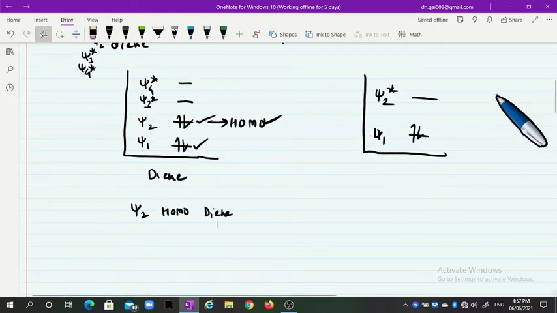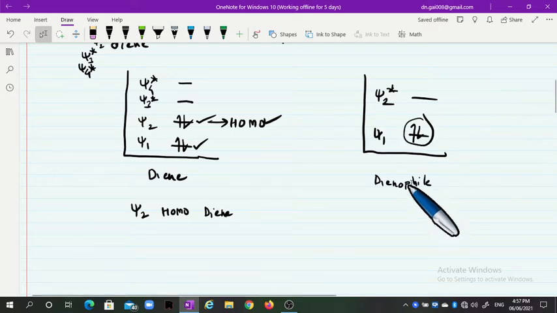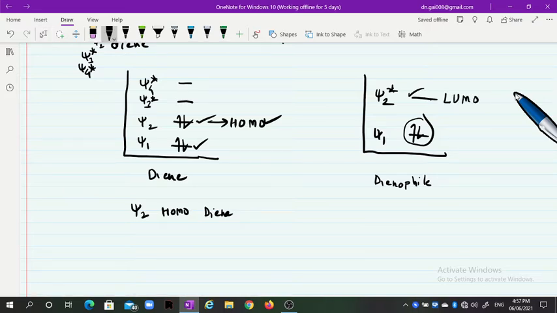Next, for this ethylene or dienophile molecule, we have considered the lowest unoccupied molecular orbital. This orbital is filled, and this is unfilled, no electron is present. Therefore psi2 star is the lowest unoccupied molecular orbital of the dienophile.